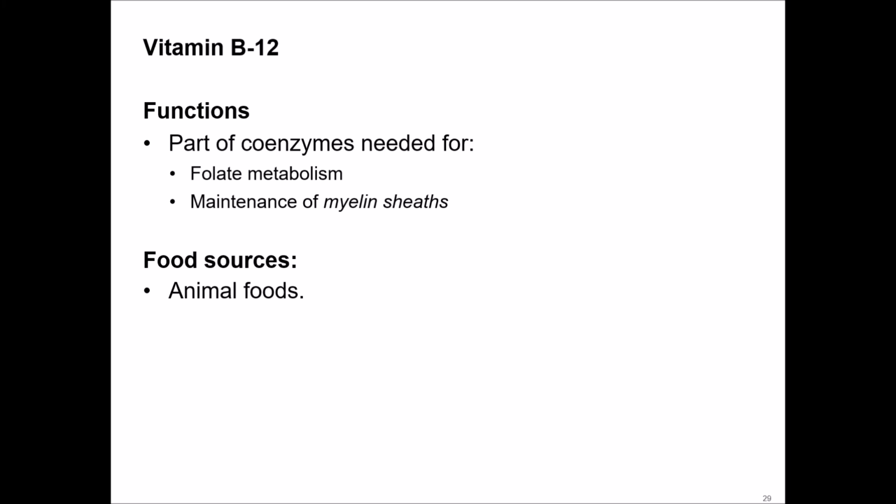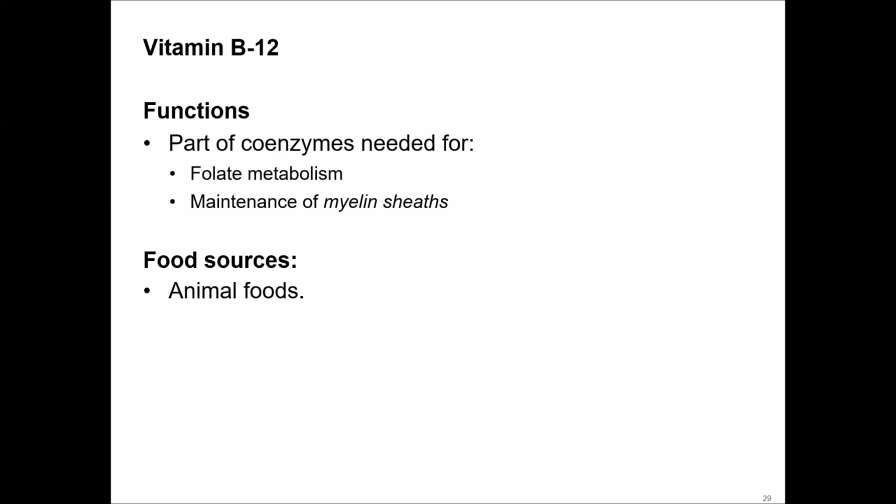Again, you can find it in a lot of different food sources, whether it's animal or plant-based, but especially the animal-based meats, and even including fish as well. And then sometimes you see this in fortified foods, and so they've added it to cereals.